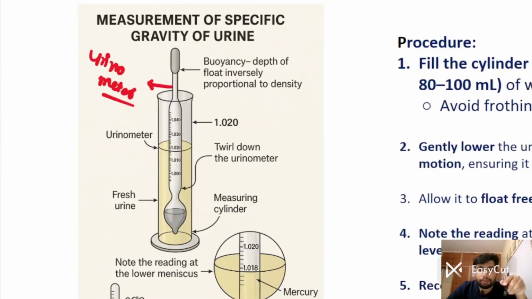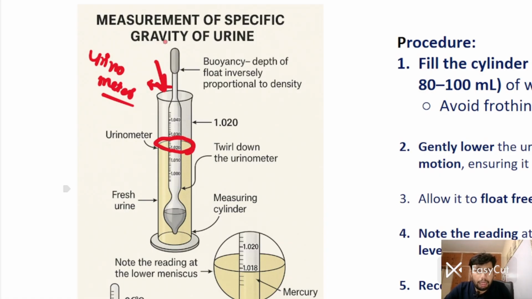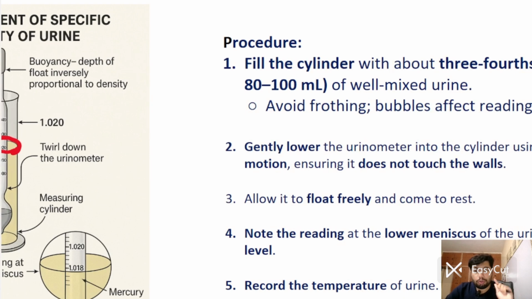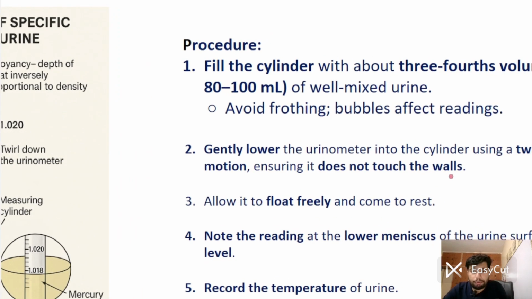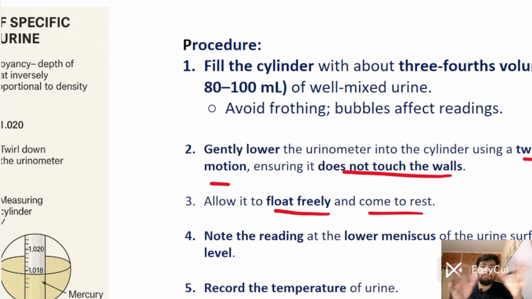After filling the cylinder up to this mark, I put the urinometer gently into the urine container. You do not have to touch the walls, an important point to note. In a twirling motion, you put the urinometer in the filled cylinder. Now allow it to float freely and come to rest.